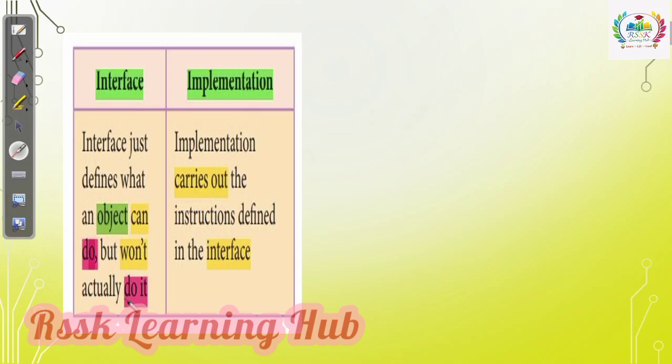We saw the brain acts as an interface for different parts of your body to do their work. It will induce the eyes to see, the ears to hear, like that. Now implementation carries out the instructions defined in an interface. What the interface defined, that part should be carried out over here, that is, in your implementation part.